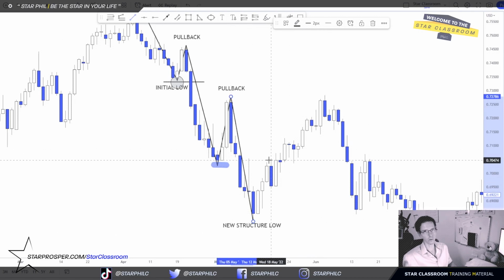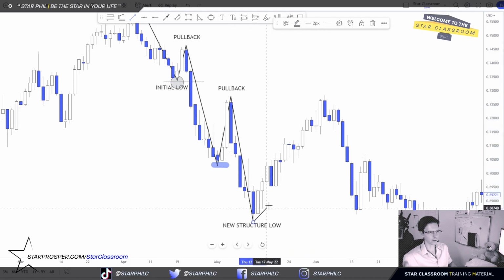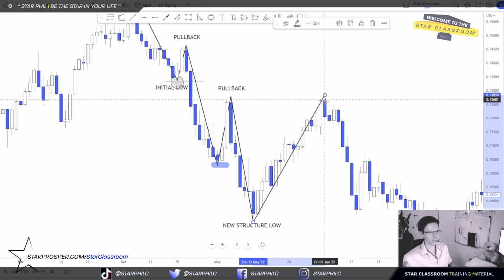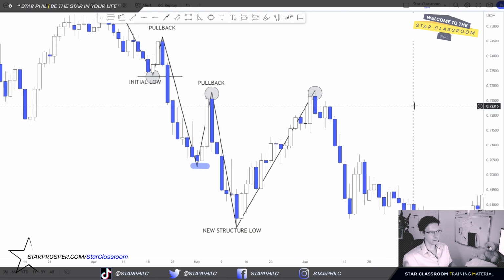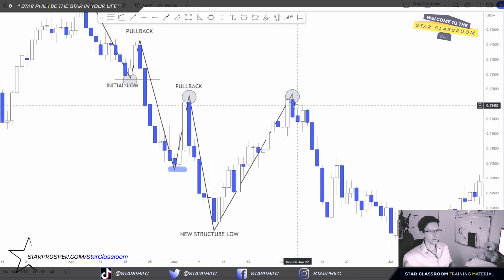So what are we looking for here? A pullback. That's right. We come all the way up. Now, this point right here, does this high close above this high? So let's copy and paste this over here. Does this high close above this high?